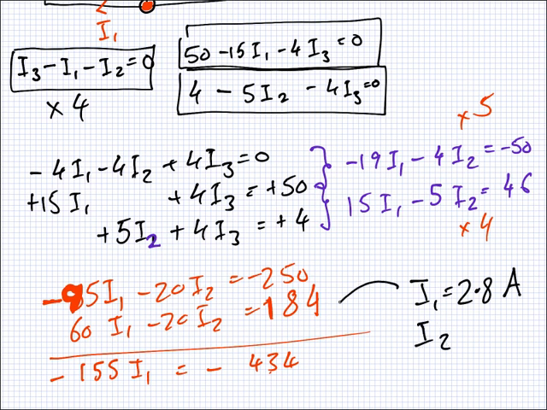We can just sub it into that one: 184 minus 60 times 2.8, then divide the answer by minus 20. Negative 0.8 amps. And by using the junction formula, I3 is I1 plus I2, so I3 is equal to 2 amps.